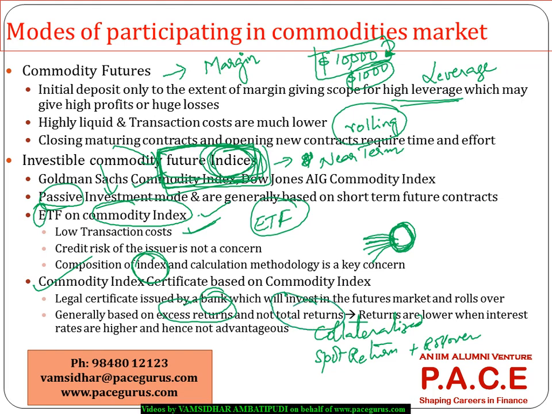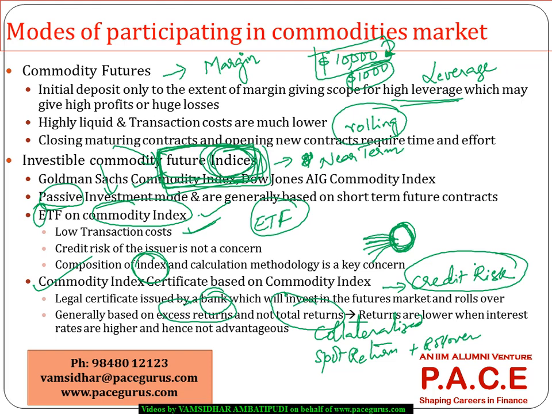But this commodity index certificate is purely based on excess return, and it is exposed to the credit risk of the bank which is issuing this. So the issuer's credit risk forms an important aspect in this commodity index certificate. Returns are low, but the disadvantage side is because it is purely based on excess return. What we see is when the interest rates are very high, the returns of this are much lower, and when the interest rates are lower, the returns are higher.